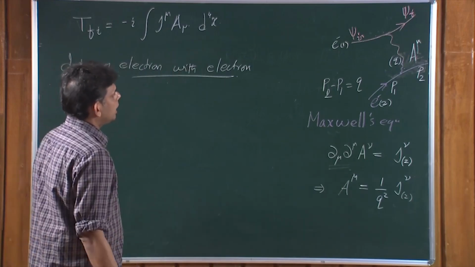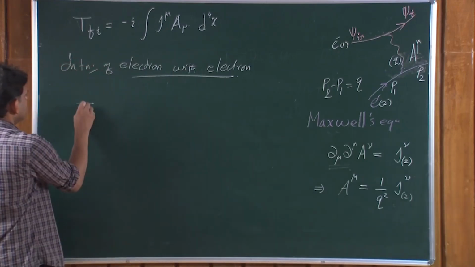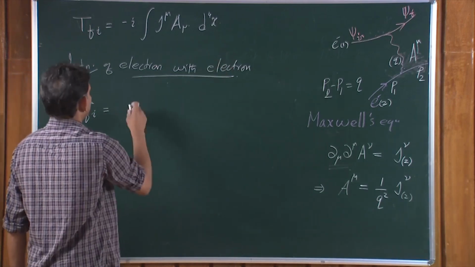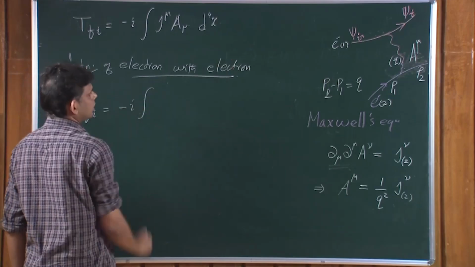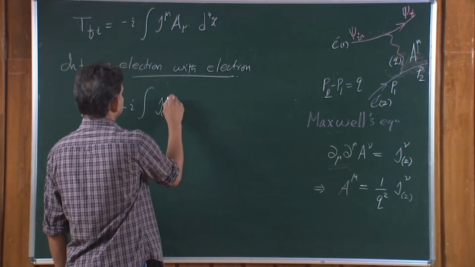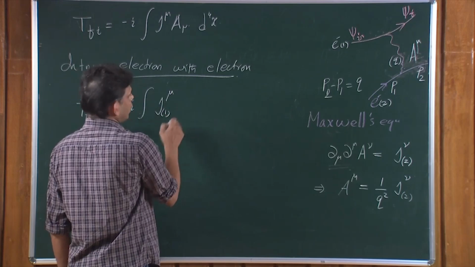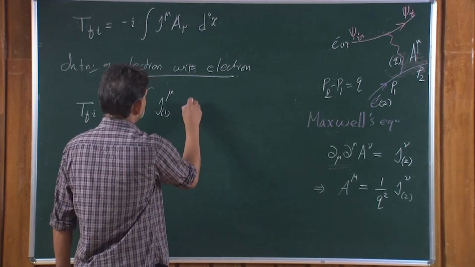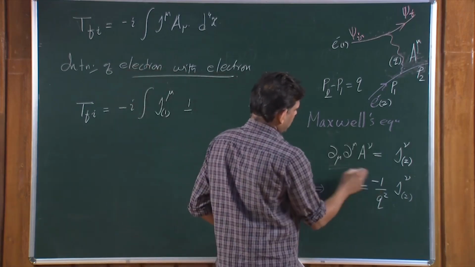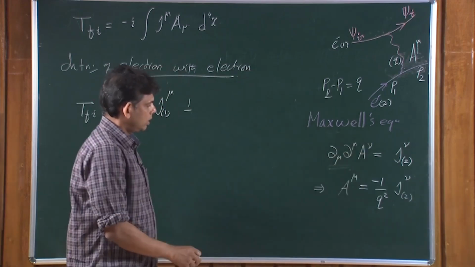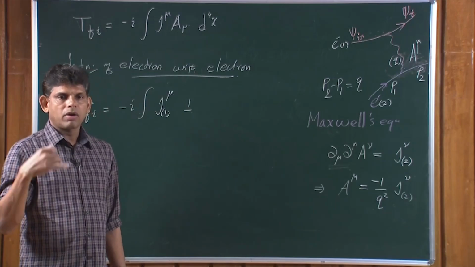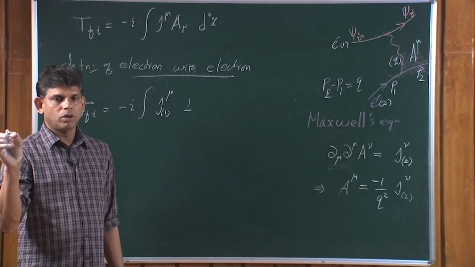Now, let us see how we write this. The same transition amplitude T from initial to final, representing that electron interacting with this, that we will see is psi j. Now, we will write it as j 1 mu and A mu. A mu is, strictly speaking, you need a minus 1, because again a plane wave solution will have exponential i p dot x.